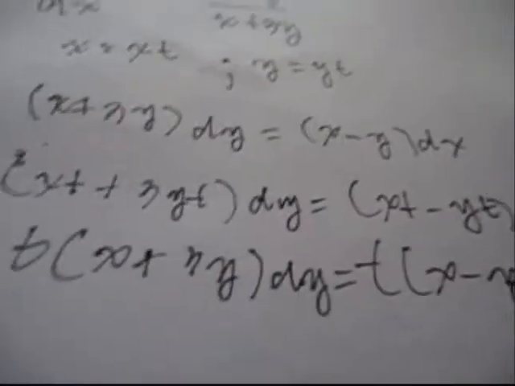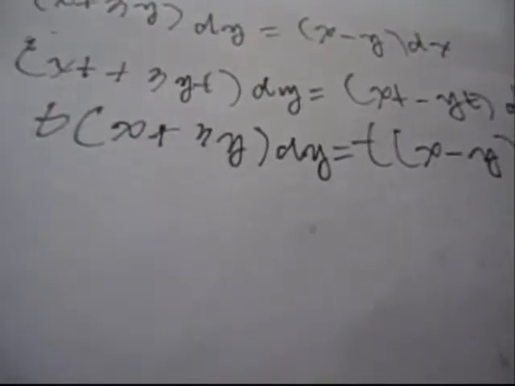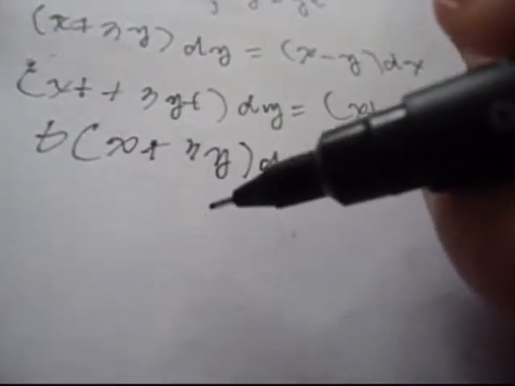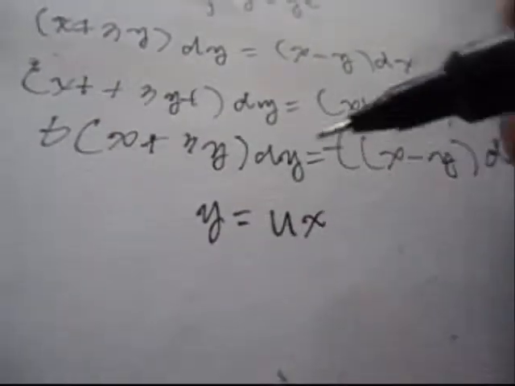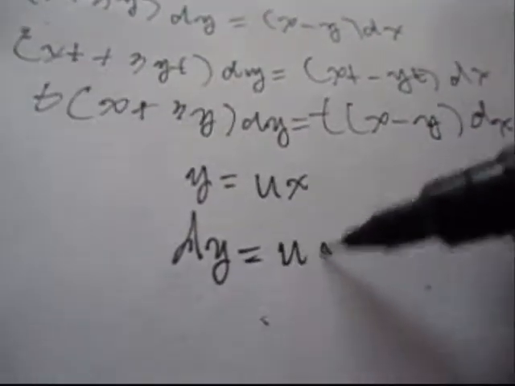As you can see, on both sides of the equation we have the common factor t, so we can conclude that it is a homogeneous differential equation. So after this we will proceed to our substitution. We will let y equal ux. Getting its derivative, we have dy equals u dx plus x du.